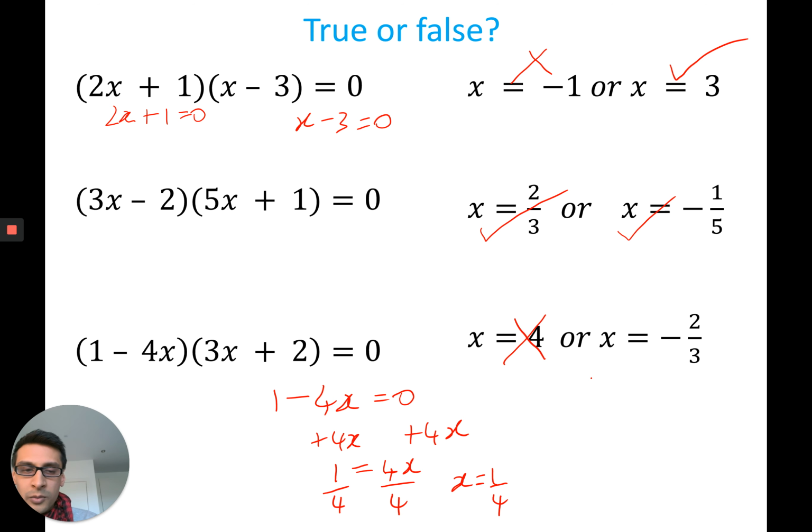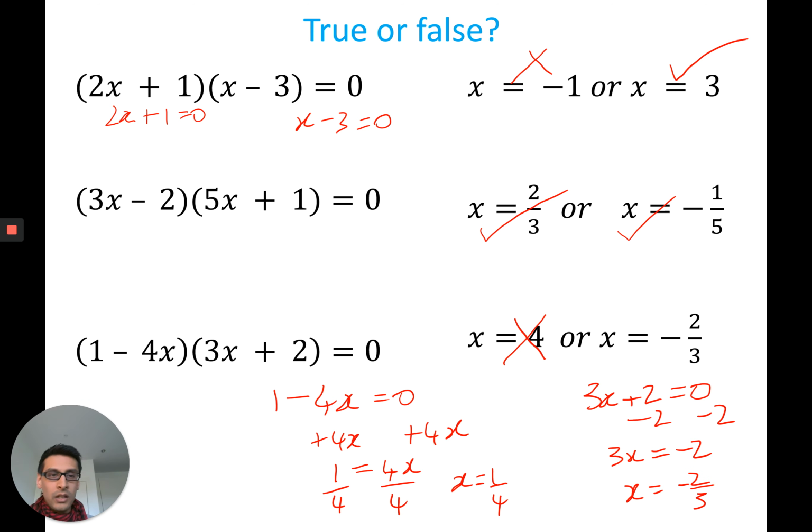And then for the second bracket, 3x plus 2 equals 0. So when I rearrange this, I'm going to take away 2, 3x equals -2, and x equals -2/3. So that part of the answer is correct, but one of those is wrong. So overall, it is not correct.